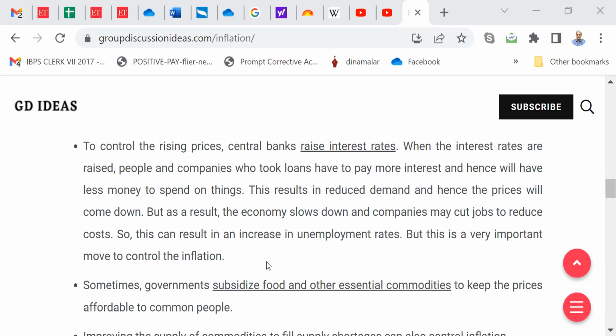This results in reduced demand and hence the prices will come down. But as a result, the economy slows down and companies may cut jobs to reduce costs. So, this can result in an increase in unemployment rates. But this is a very important move to control the inflation.